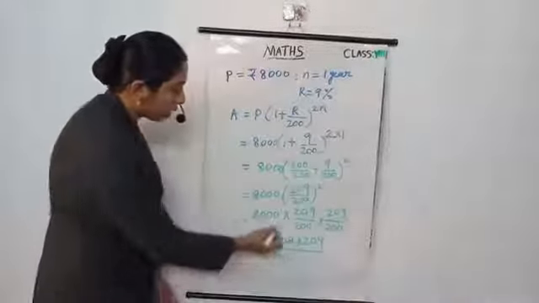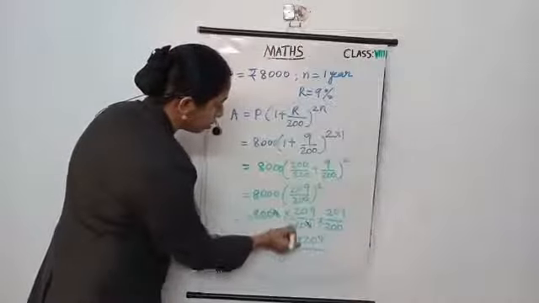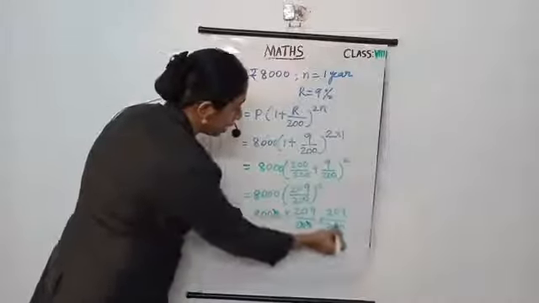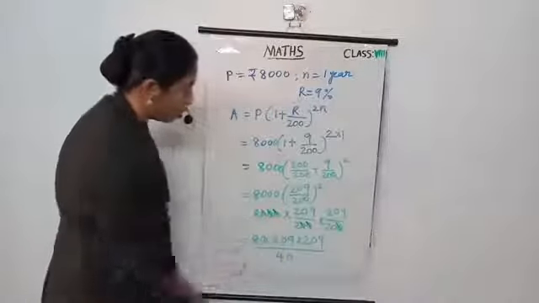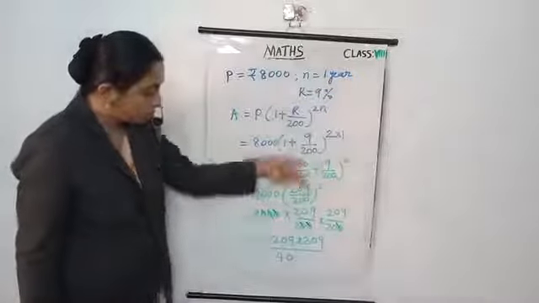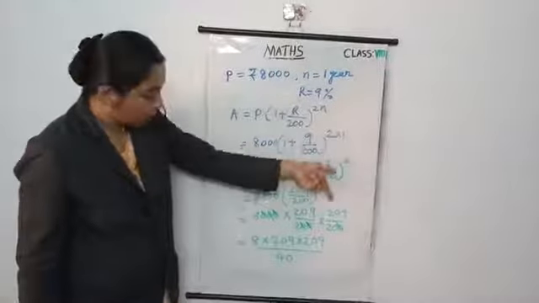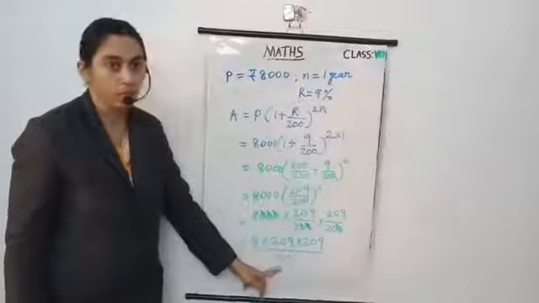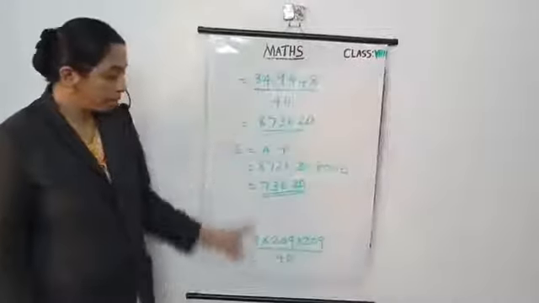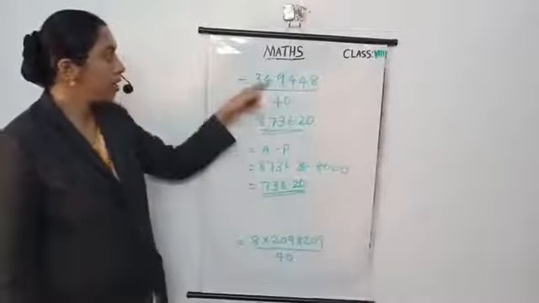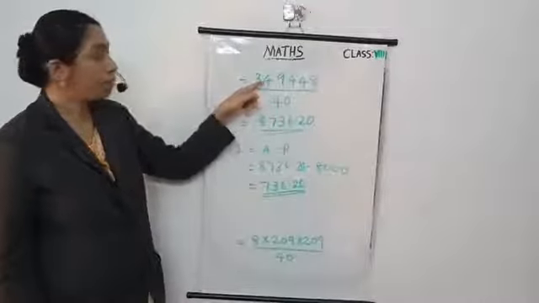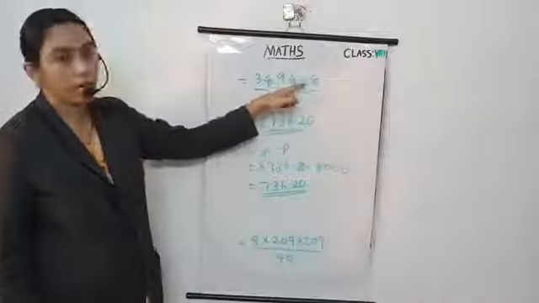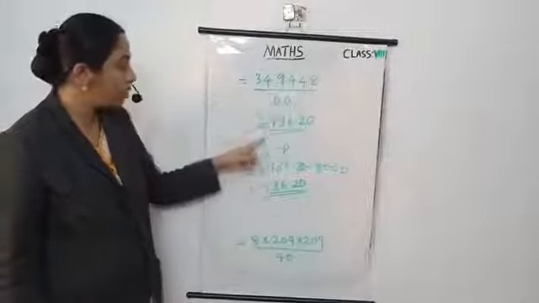Then we can cancel these zeros. This is 8 into 209 into 209 by 2 into 20, that is 40. So we multiply this, we get 3,49,448 by 40.